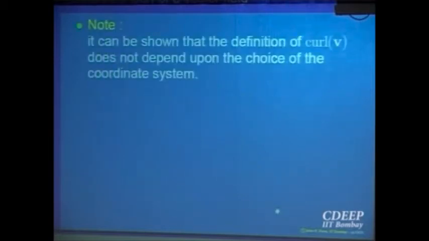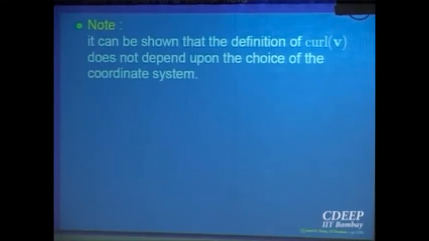So we got three things now. For a scalar field f, we write the gradient, del f. For a vector field v, the divergence is a scalar field which is del dot v, and the curl is a vector field again, which is written as del cross v.